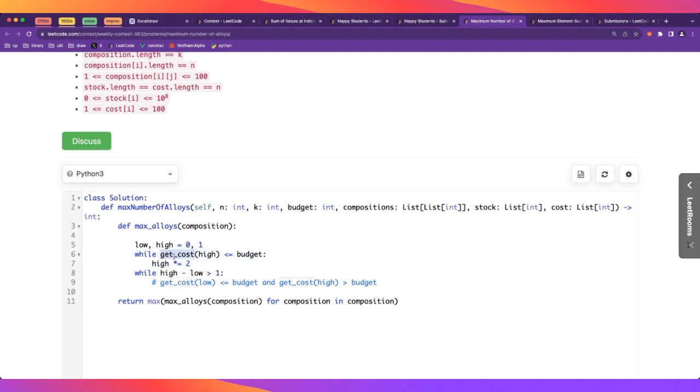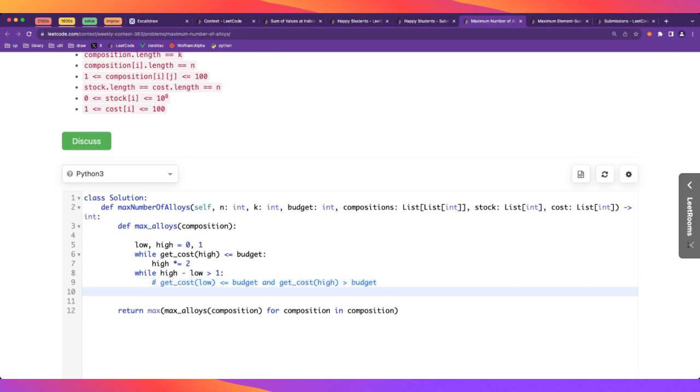Because we made it so that while the cost of high was within the budget, we kept increasing it. So when this finishes, this condition will be true. And we are going to maintain this condition every time, while reducing the range by half. And how do we do that?